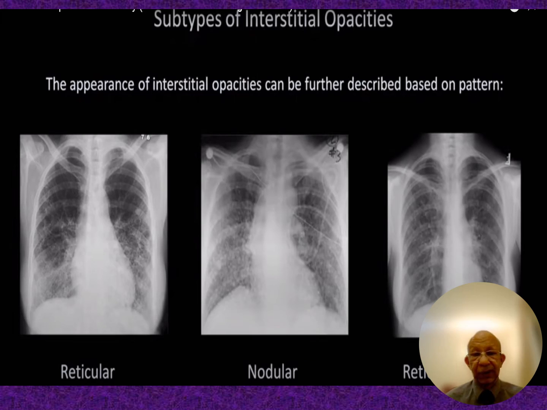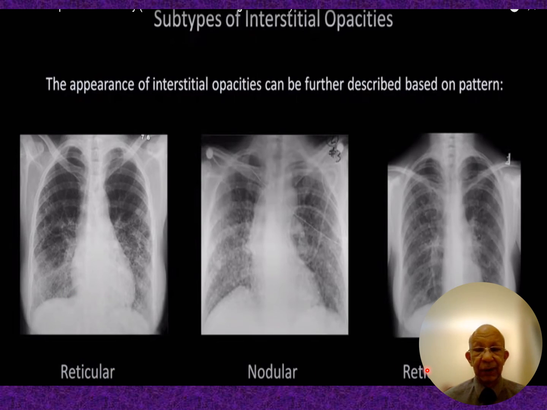It's very important that the three types of interstitial patterns are known. These are called reticular patterns, the one I've just shown you, and then there is the nodular pattern and the reticulonodular pattern, right? So unfortunately there are many diseases causing these. For example, sarcoidosis causes all of the three.